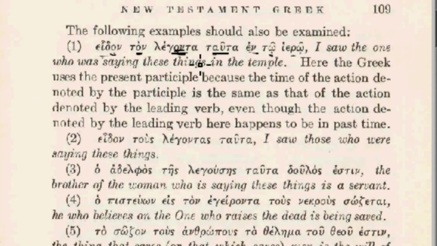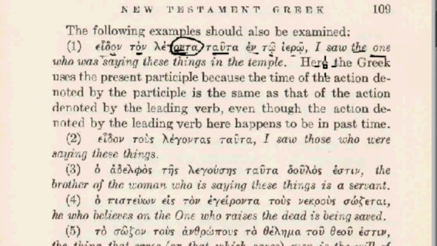This is the accusative singular masculine. So if I fill it in a little bit, I saw the one or the man saying these things in the temple. This is the substantive use because here we don't have apostolon or anthropon or some other word that would be in the accusative to fill in the rest of this. So I simply call it the one or the man. You see how that works? So that's the substantive use.